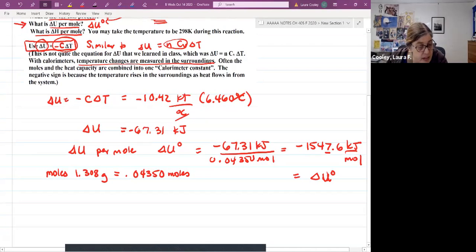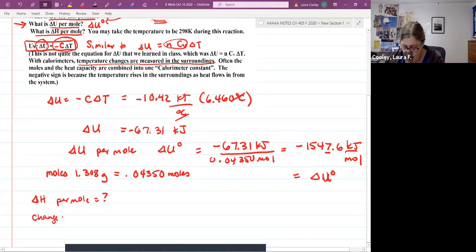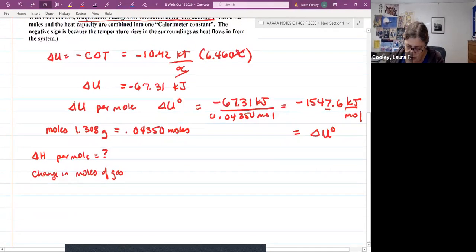Okay, so the next thing we have to find is what is the delta H per mole? And so this is a reaction where we have a change in the moles of gas. So take a look at this. I don't know if any of you have had a chance to balance it.